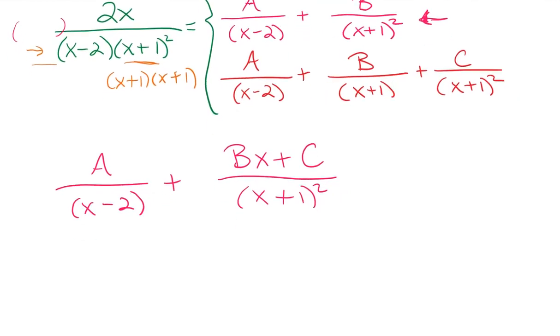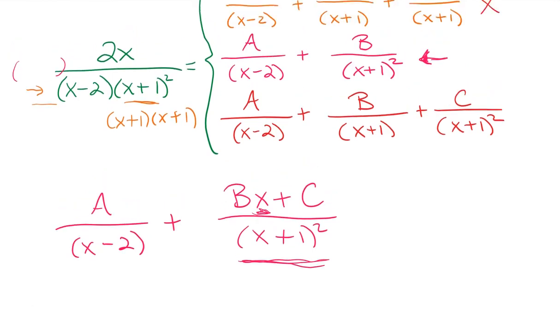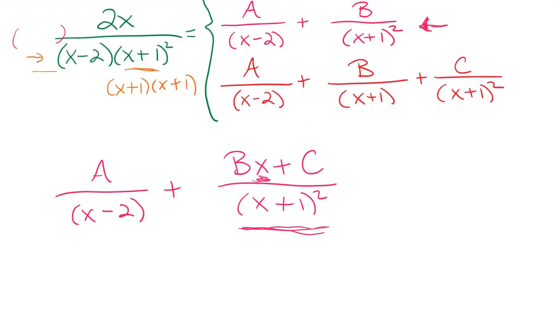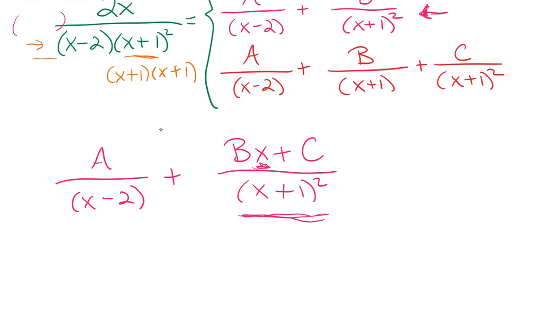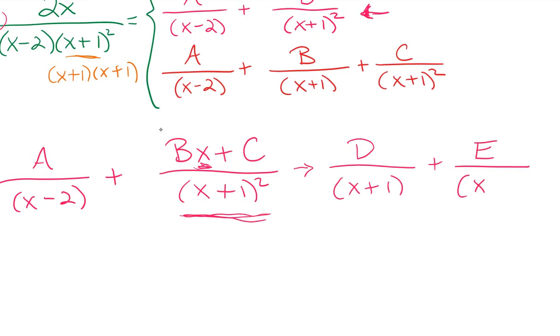But then what we would end up getting is we would end up having to separate this, because this wouldn't necessarily be fully decomposed. We would still have an x in the numerator, and that's what we're trying to get rid of. And then the only way that we would be able to separate this is if we separated this into two more fractions, which would then have the form of this.